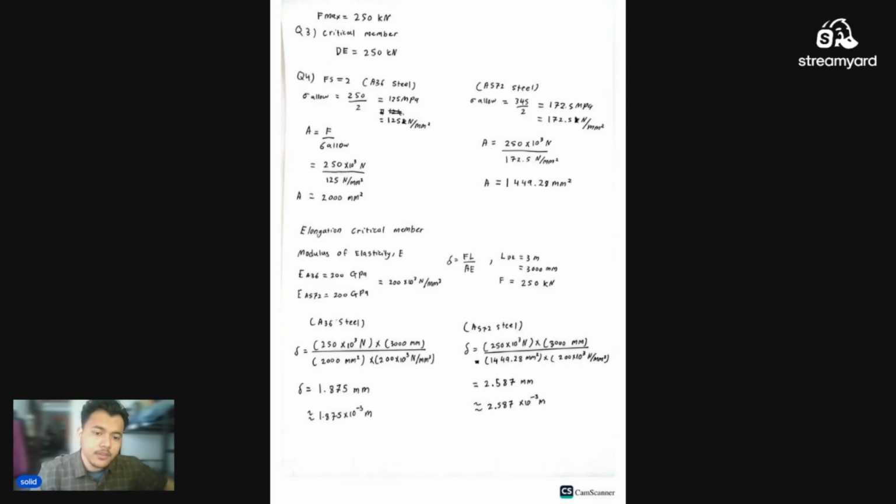And then the elongation for the A36 steel is 1.875 millimeter, and then the elongation for the A572 steel is 2.587 millimeter. So that's all from us. Thank you.